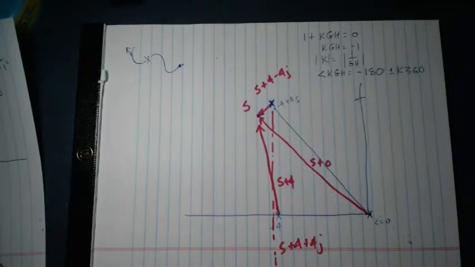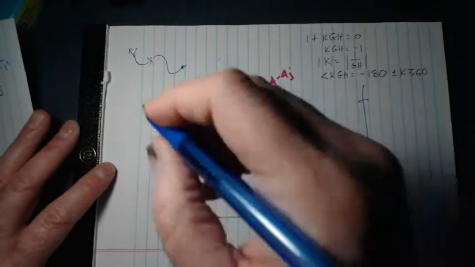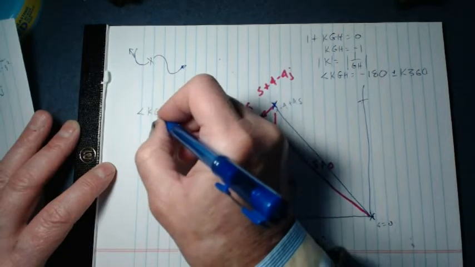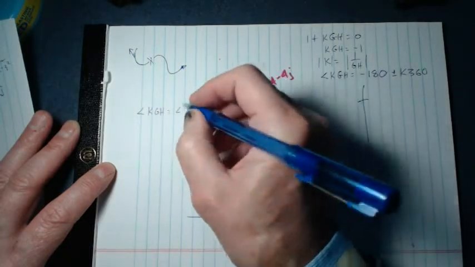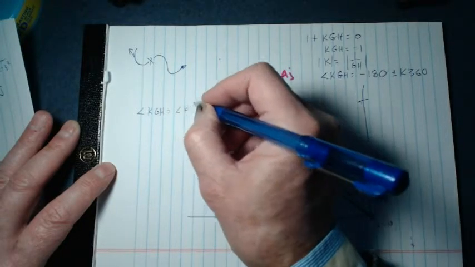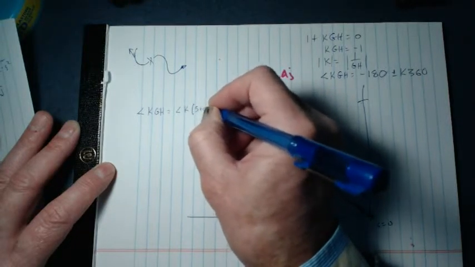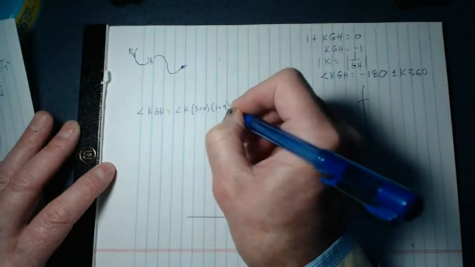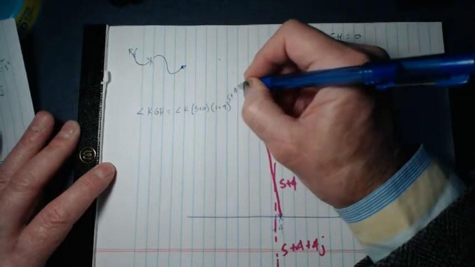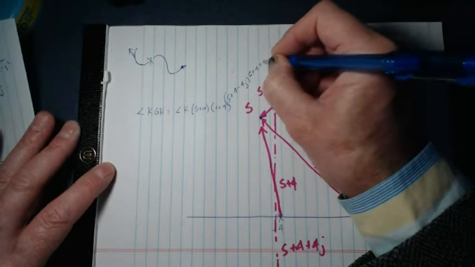So now we've got all of our vectors there, right? And so what we can look at is the angle of KGH. The angle of K doesn't matter. Let me write down what KGH is. K doesn't matter, but we know that we've got a vector here, s plus 0, s plus 4, times s plus 4 minus 4j, the angle of s plus 4j.